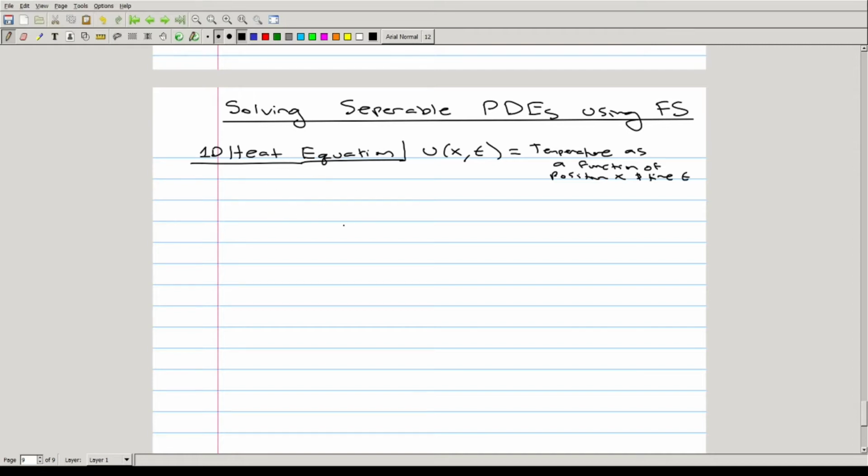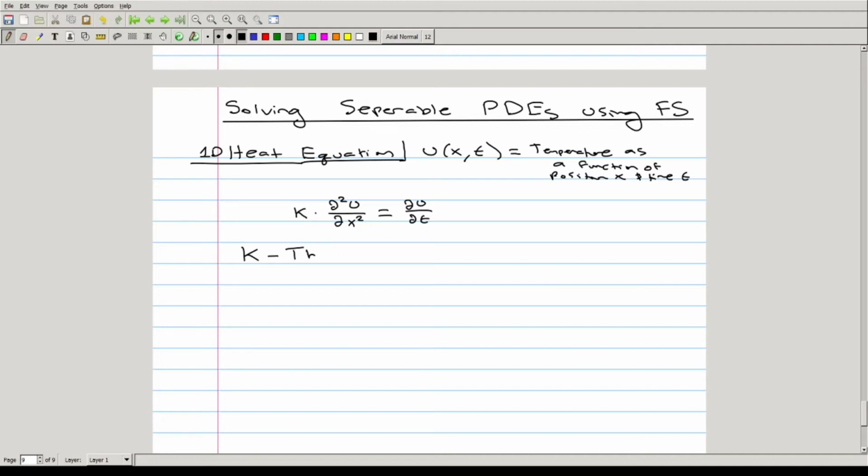We've seen before that this is the equation k times d²u, the second derivative of temperature with respect to position, is equal to du/dt, where k could in general be a function of either temperature or position or time, but we're going to assume that k is constant.